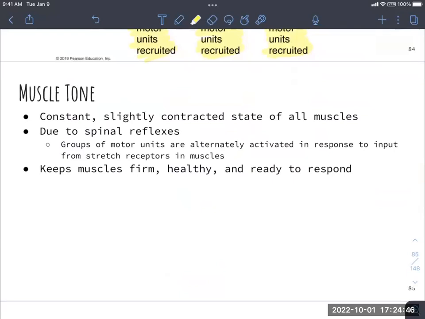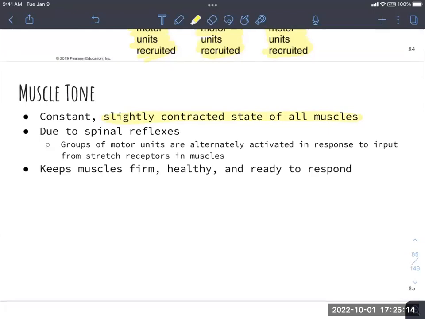What is your muscle tone? What you see at somebody when you look at their muscles, when they're not contracting them, that is. If they're just sitting, the tone that you see in somebody's muscle is because our muscles are in a slight contracted state. They are constantly in this slightly contracted state. This is kind of what helps us.